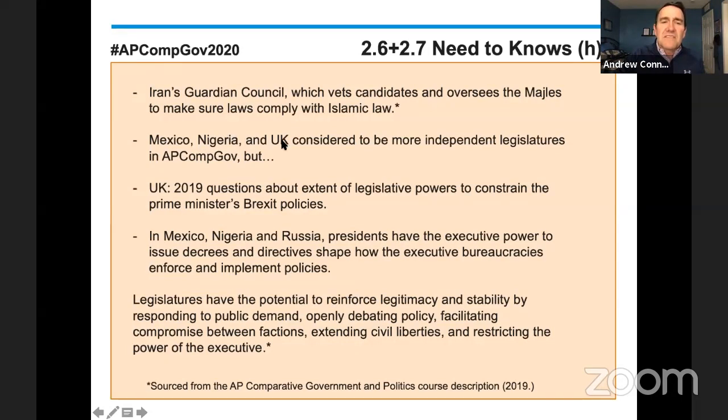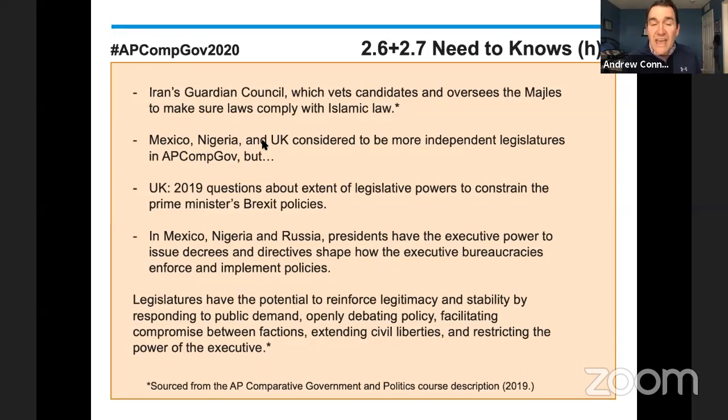I should note that Mexico, Nigeria, and the United Kingdom, when we talk about independent legislatures, are definitely in AP Comparative Government. Those are the 3 countries of the 6 that are considered to be more independent, that are much more likely to say no to the executive. In the case of Mexico and Nigeria, there's a potential for what we would call divided government in the United States, where a party opposed to the president's party could be rejecting presidential policies.